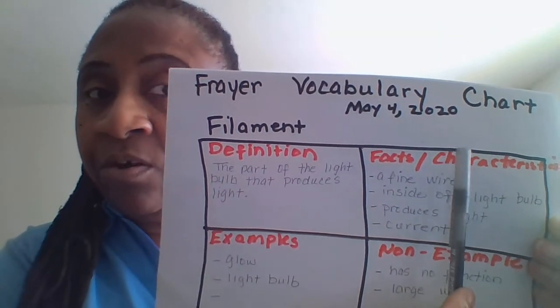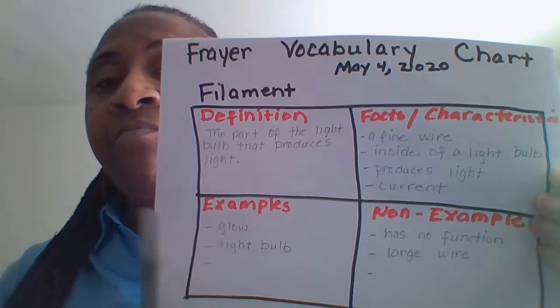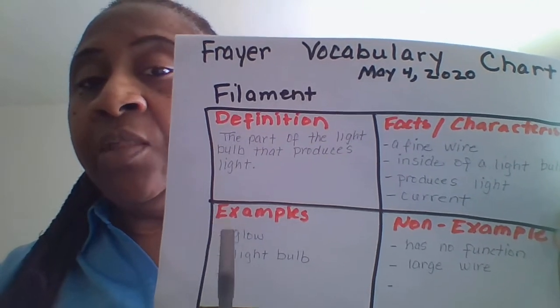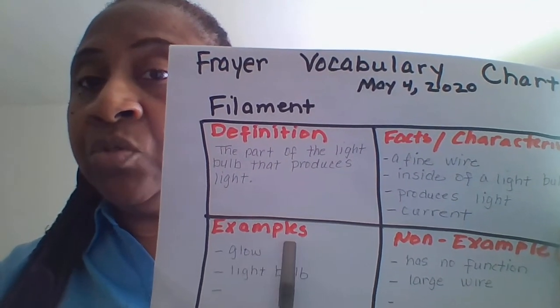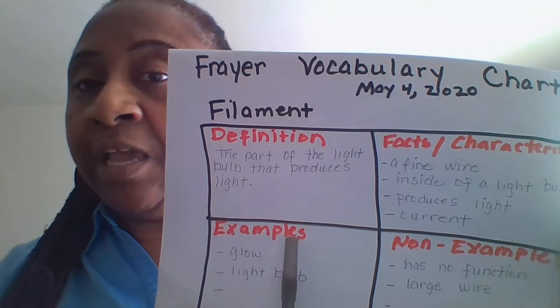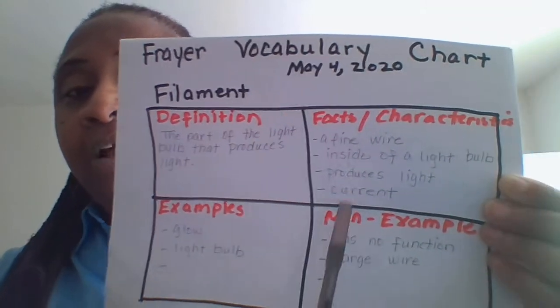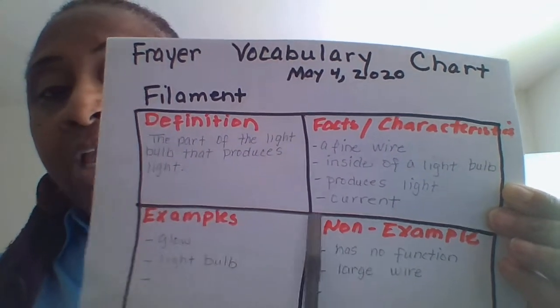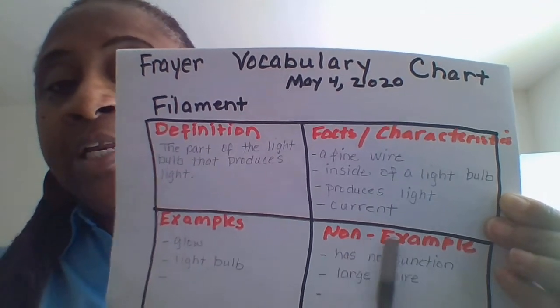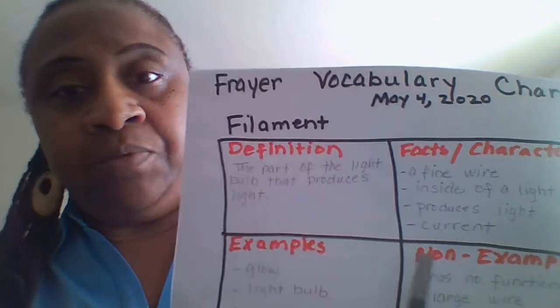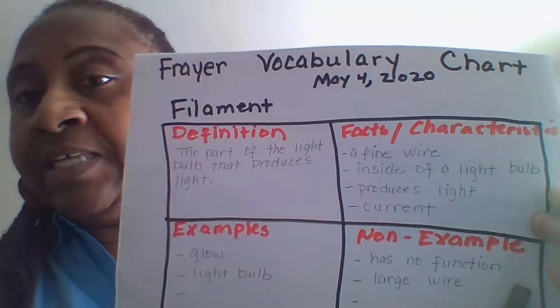That would be the header for this box. The box below is examples. So you will type in examples in this box. And then the last box, the header is non-examples. So you would simply type in your header, non-examples.